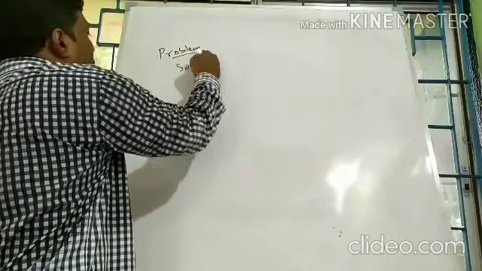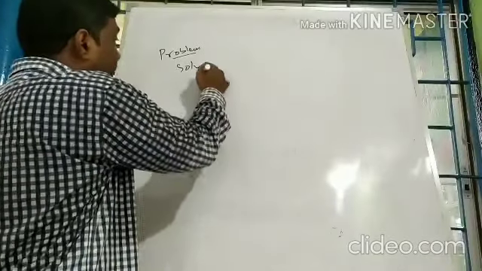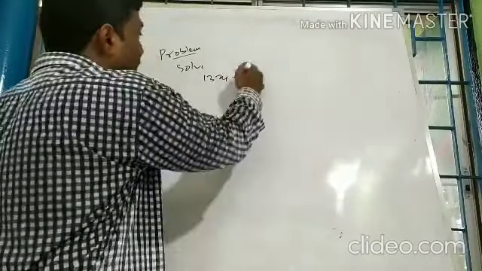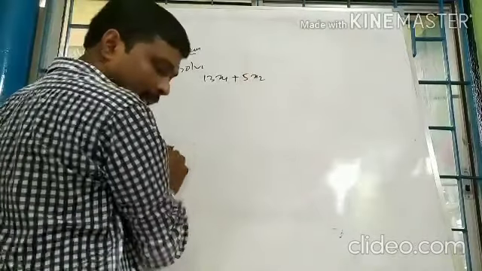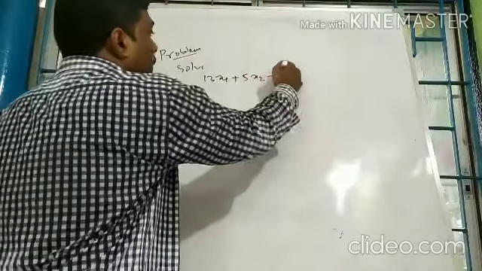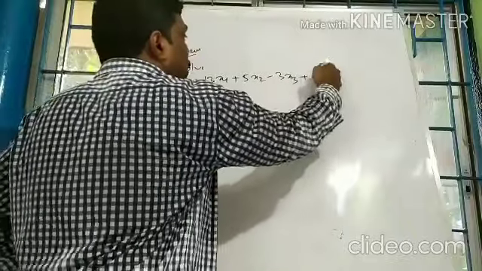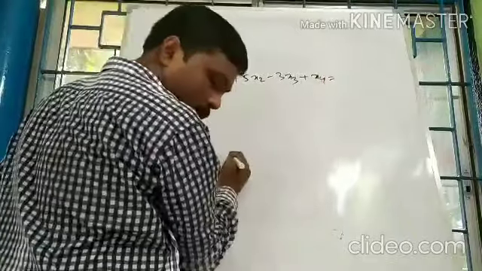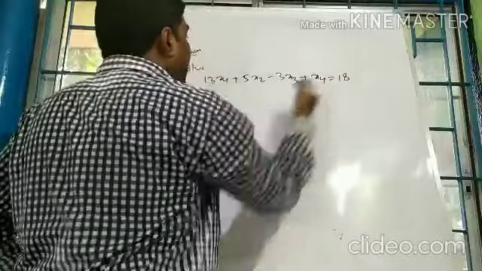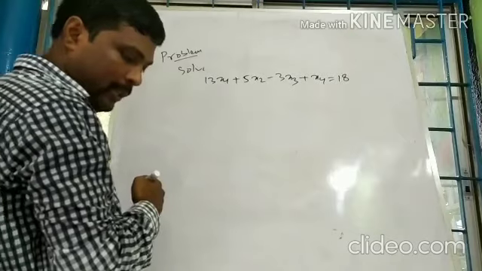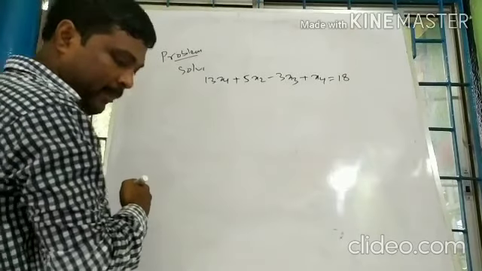Solve 13x1 plus 5x2 minus 3x3 plus x4 equals 18.